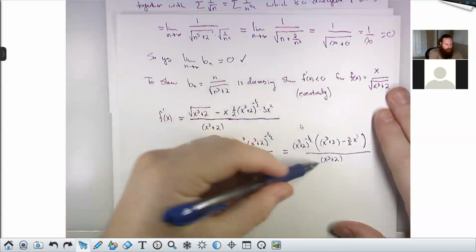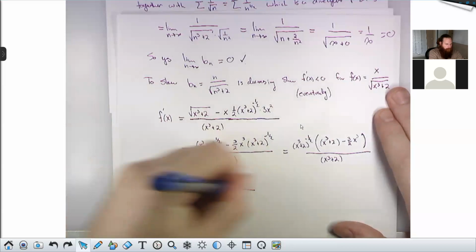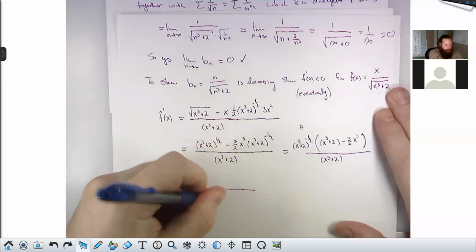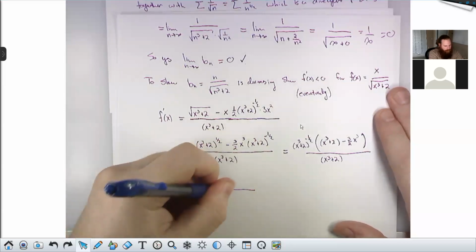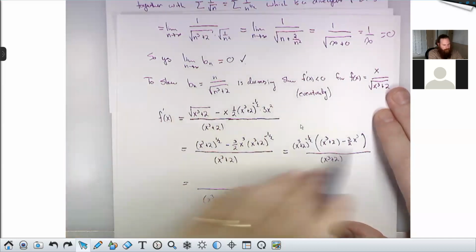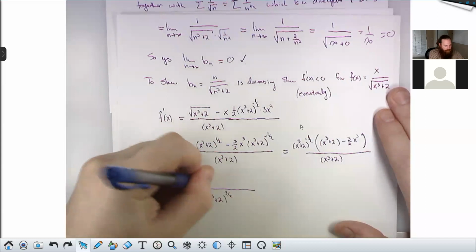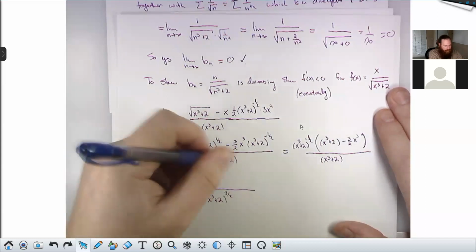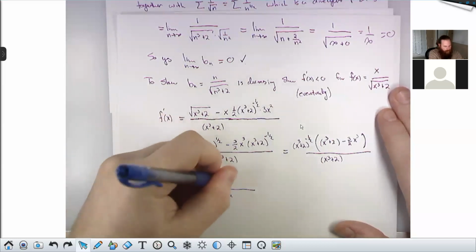I can move this piece downstairs and I get (x³+2)^(3/2). Upstairs, what's left is x³+2 minus 3/2 x³. That's minus 1/2 x³ and a plus 2.